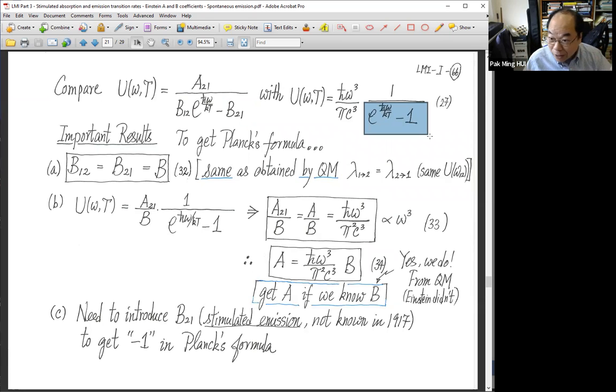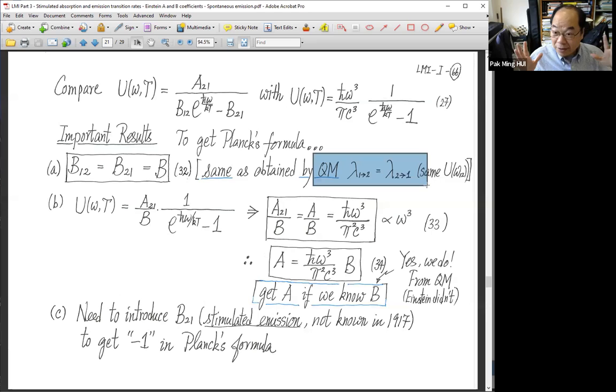Okay, now this is very difficult to do. Einstein needed to introduce a new process and then summarize the requirement as B12 equals B21. We are not surprised because we already derived this relationship using quantum mechanics. So, good. Things are connected.